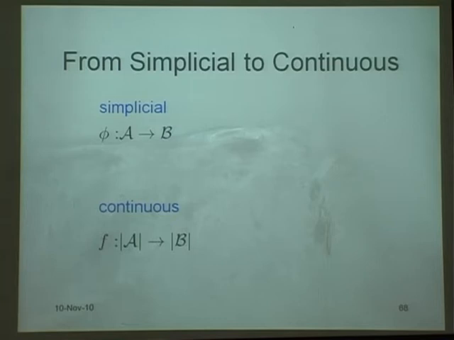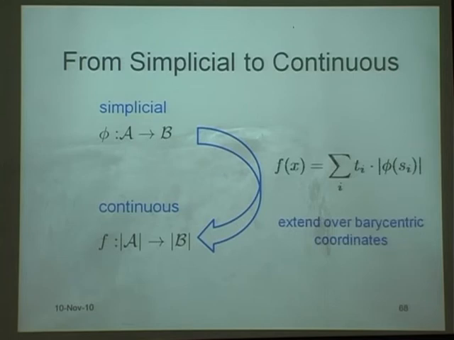So we would like to go back and forth between simplicial and continuous maps when it's convenient to do so. One direction is easy. If we have a simplicial map, we can turn it into a continuous map by just extending over the barycentric coordinates. So I take the image of each vertex, and then I can use barycentric coordinates to turn a simplicial map into a continuous map that in some sense agrees with the simplicial map.